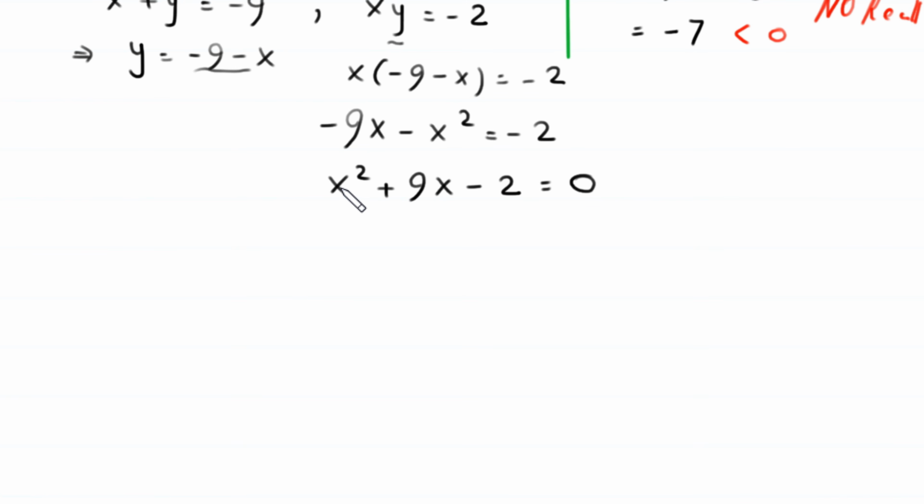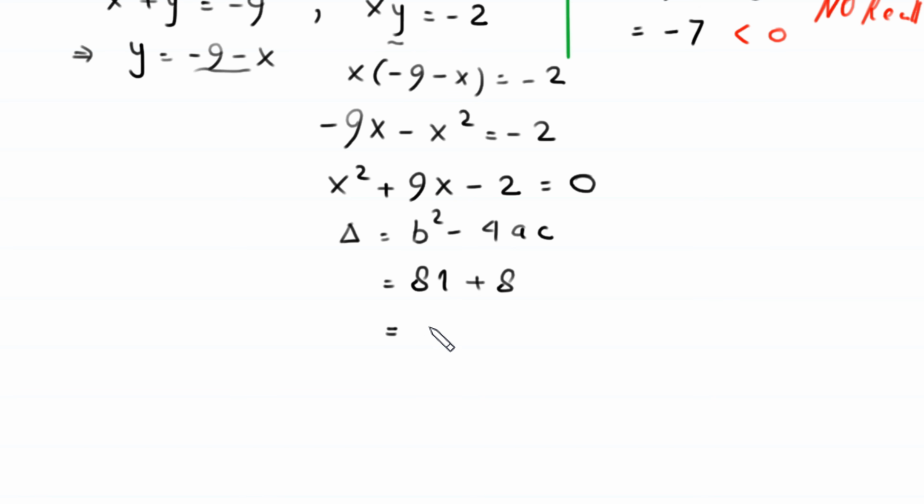Now for x to be an integer, the discriminant of this equation must be a perfect square. So let's see. The discriminant, that is also called delta, is equal to b squared minus 4ac. b is 9, so this will become 9 squared, means 81, and negative 4 times 1 times negative 2 is plus 8.